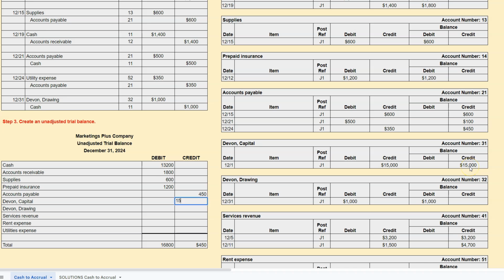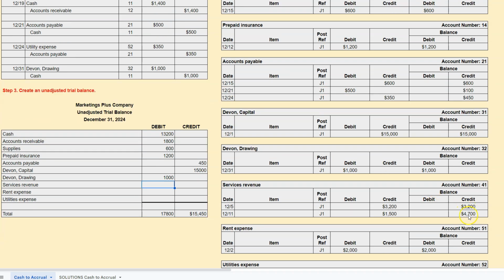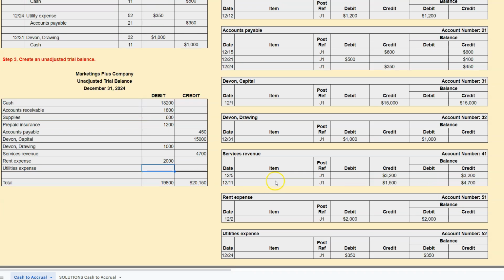Capital has a credit balance of 15,000. Drawing has a debit balance of 1,000. Services revenue has a credit balance of 4,700. Rent expense has a debit balance of 2,000. And then utilities expense has a debit balance of 350.